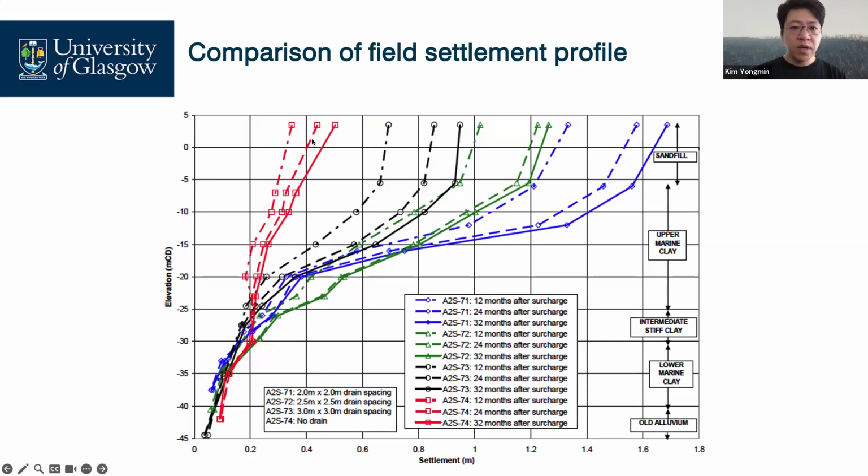So the sand fill and upper marine clay layer settlements look similar. But let's take a look at another borehole, another region of the Changi Airport. The upper marine clay layer's settlement is from here to here, very huge.